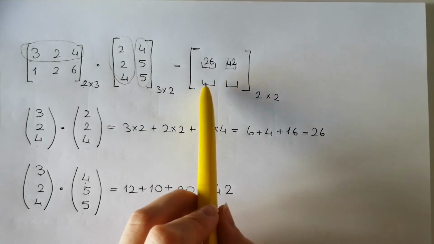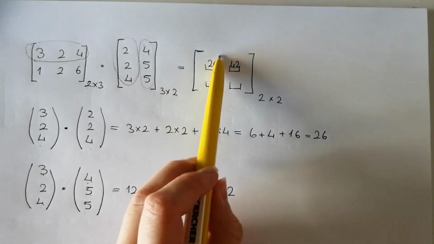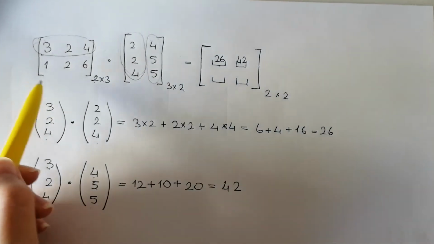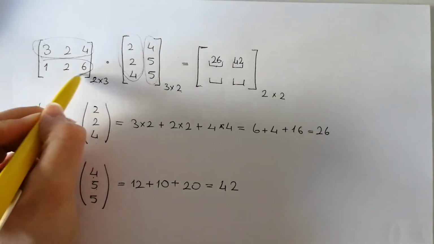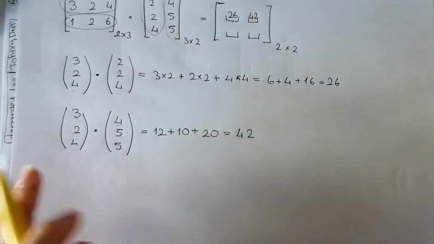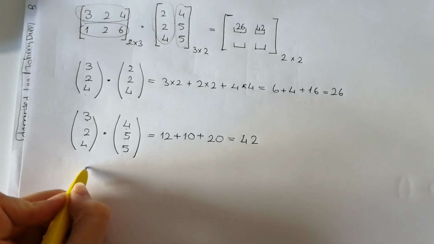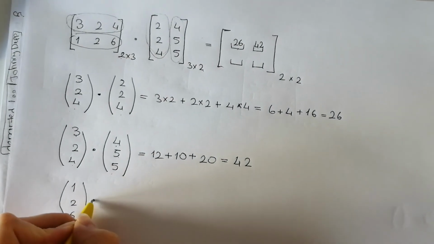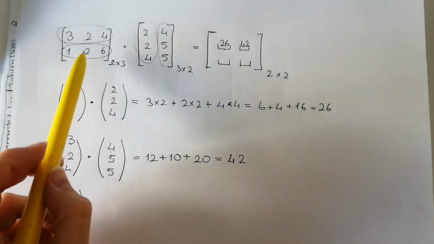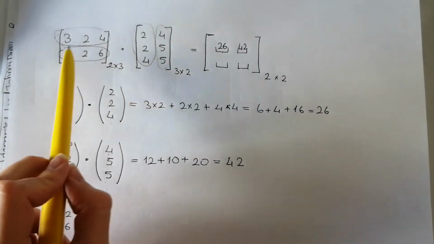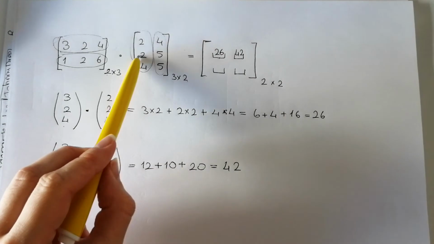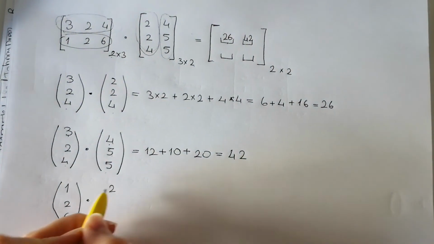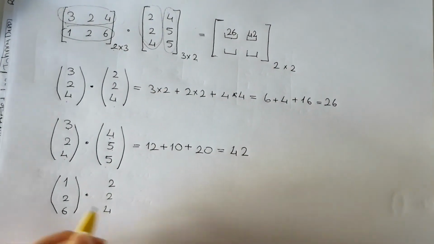Let's find this entry. This is the second row, first column. So we take the second row, 1, 2, 6. Second row, first column is 2, 2, 4.